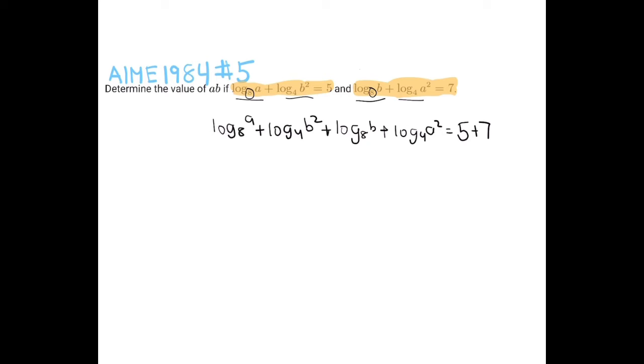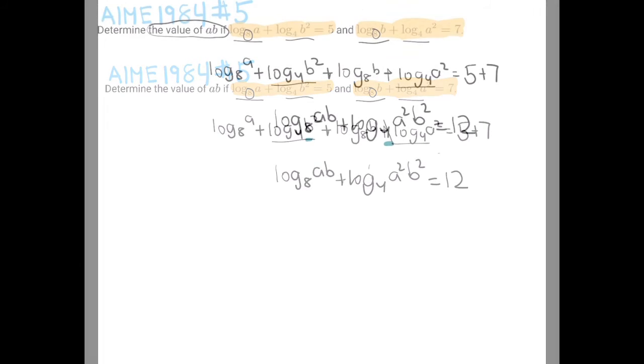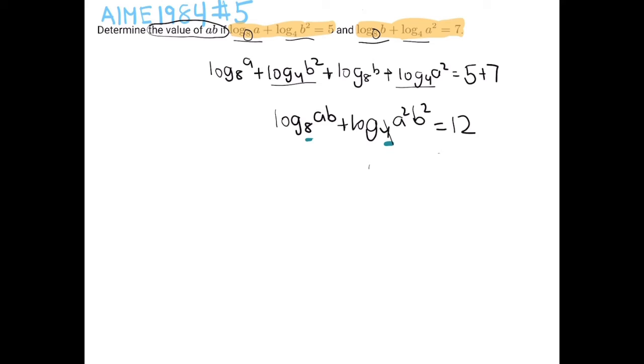So we know that log base 8 of a plus log base 8 of b, when you add those two together, equals log base 8 of a times b. And then these two, log base 4 of a squared b squared. And this equals 12.